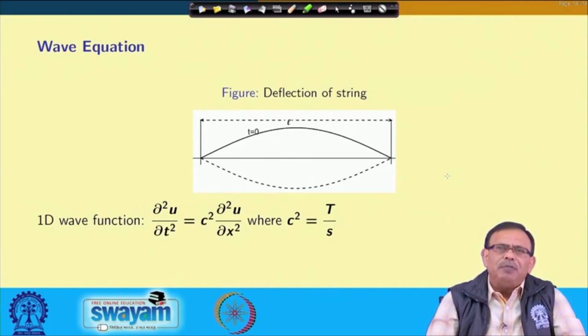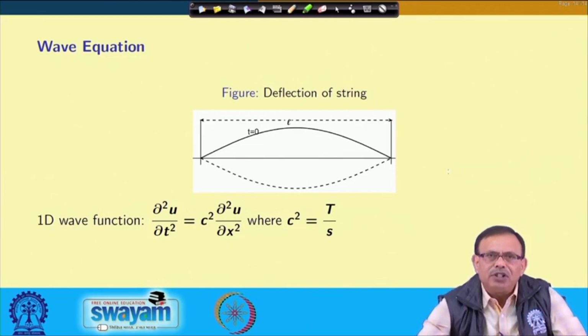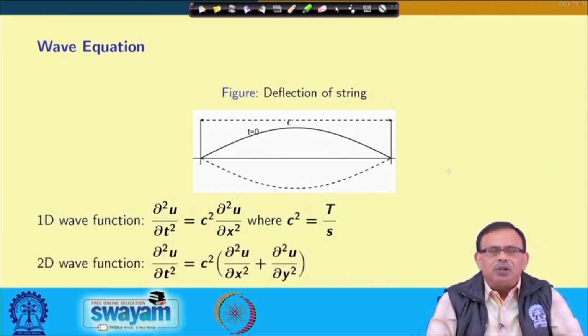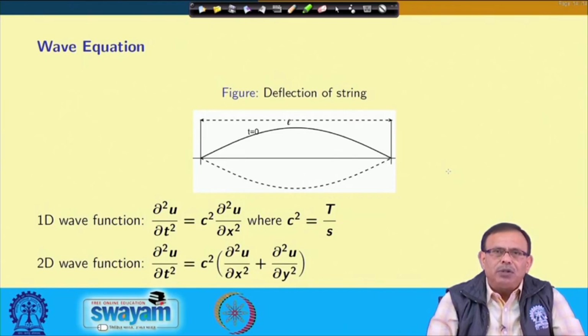The deflection u x t is measured by del 2 u del t square equals c square del 2 u del x square, where c square equals T by s. This is the one dimensional wave equation, and similarly del 2 u del t square equals c square into del 2 u del x square plus del 2 u del y square is the two dimensional wave equation.